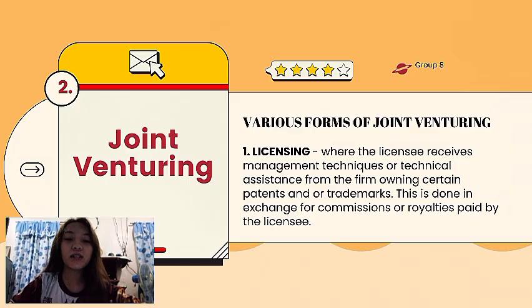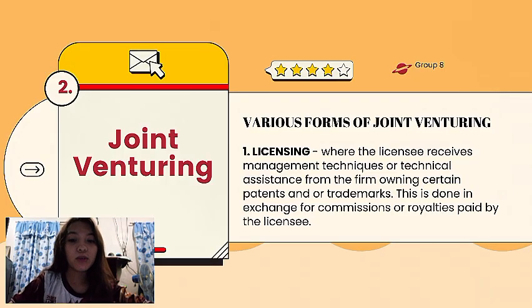Joint venturing is a partnership-based approach. Instead of expanding alone, companies team up with foreign firms or governments to enter new markets. This helps them reduce risk while benefiting from local expertise. Do you understand it?